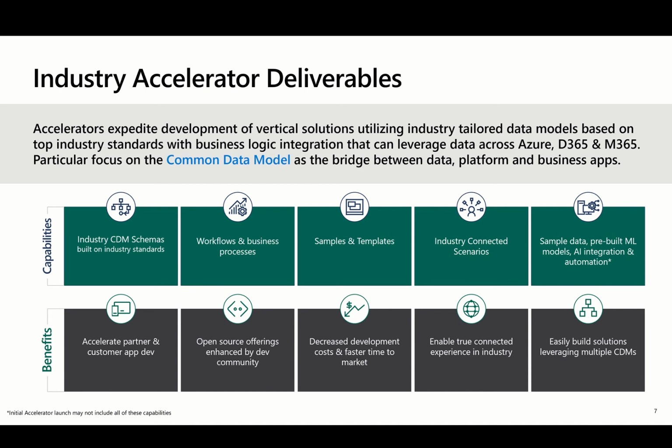We create sample applications and different templates. We build those together in connected scenarios to help drive automation. And in some cases, we'll go so far as to work to create pre-built machine learning models or to integrate AI into our samples. We'll work with our colleagues in Power BI or in Customer Insights to provide samples there. So we're really trying to provide an entire library worth of content that you can use.